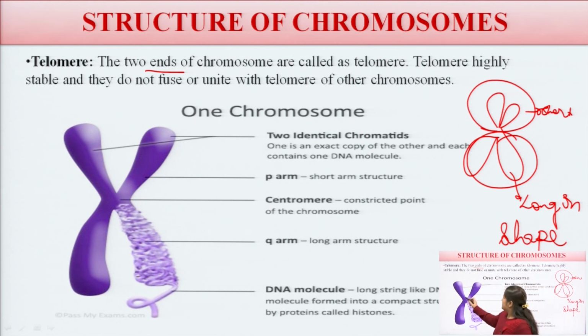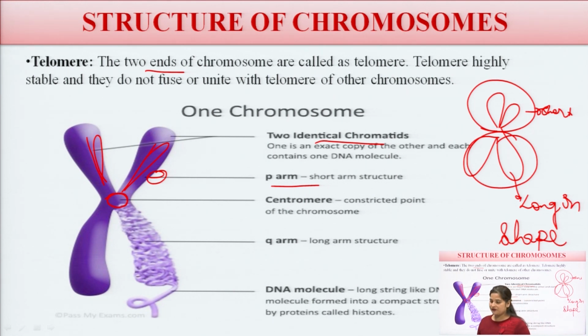These two wings are the two identical chromatids, which contain an exact copy of each other, and each contains one DNA molecule. This is called the P arm. It is short in its structure, and this is the centromere.